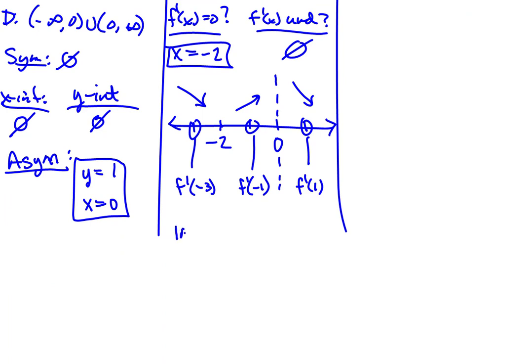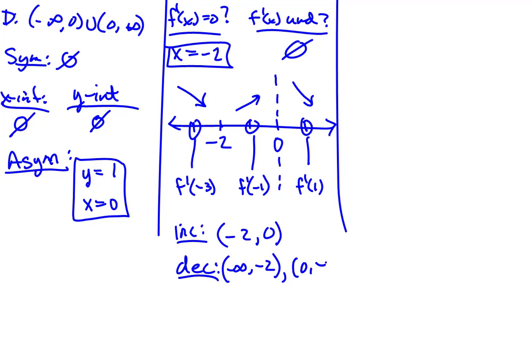So we can say in summary here that our function is increasing simply on the interval from negative 2 to 0. We can say our function is decreasing from negative infinity to negative 2, as well as from 0 to infinity, if we go with these two intervals as described here in our graph above.